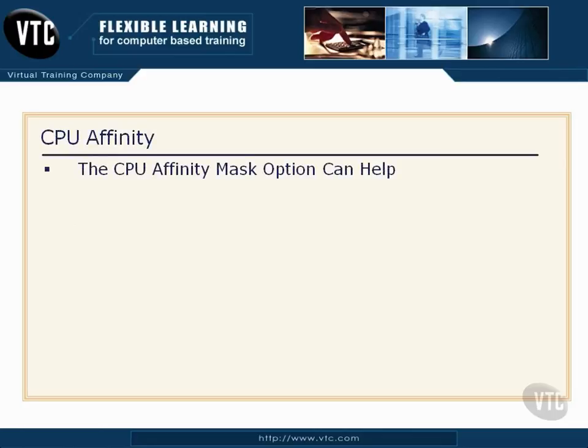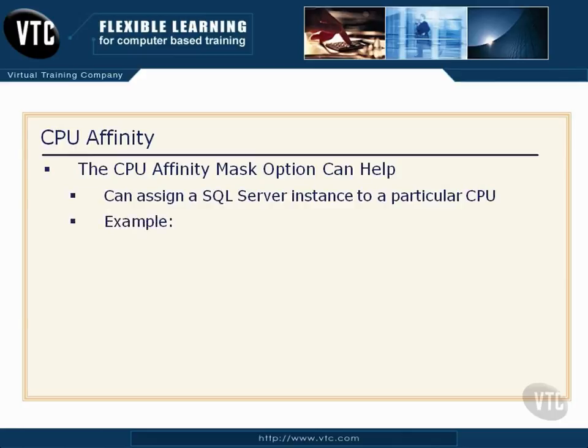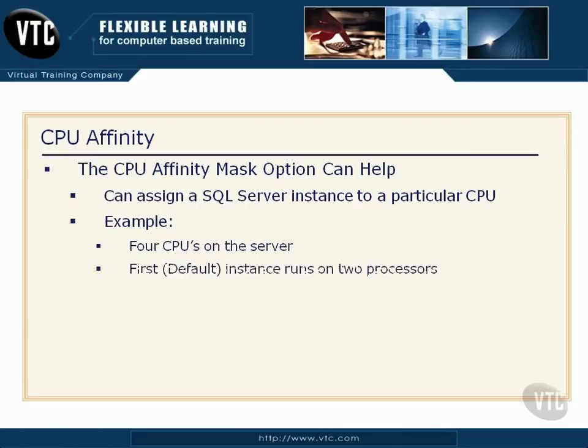So the CPU affinity mask option can help with this problem. It will allow you to assign a SQL Server instance to a particular CPU or a particular processor. Good example. I have 4 CPUs on the server, and my first or default instance is going to run on 2 processors. So I'm going to use the CPU affinity mask option to assign those first 2 CPUs to that default instance.